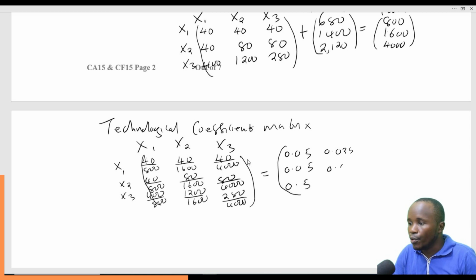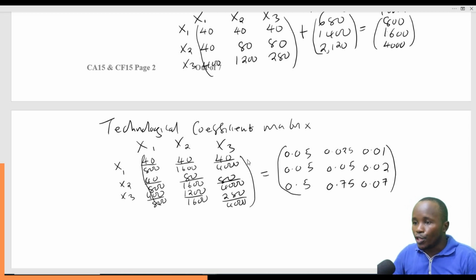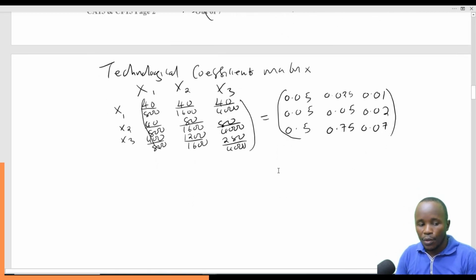Then here you get 0.05. 1,200 divided by 1,600, you get 0.75. On this end, this is 40 divided by 4,000, you get 0.01. Then 80 divided by 4,000, this gives you 0.02. And this one gives you 0.07. Good. Those are the technological coefficient matrices.